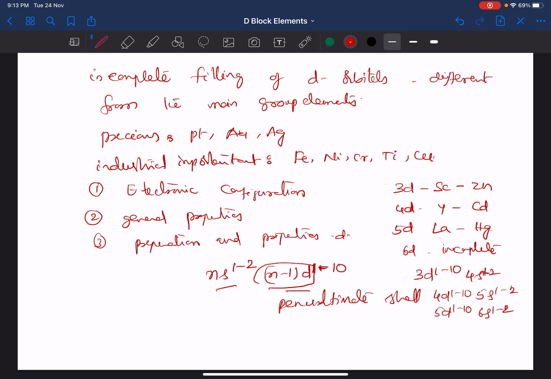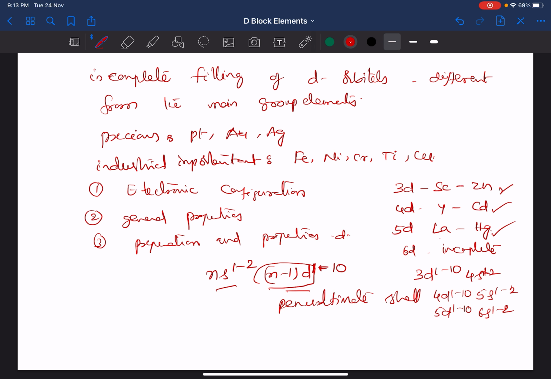So that is the general electronic configuration of these elements. The last elements present in the 3d, 4d and 5d series are zinc, cadmium and mercury. That means these last elements have a completely filled d orbital.